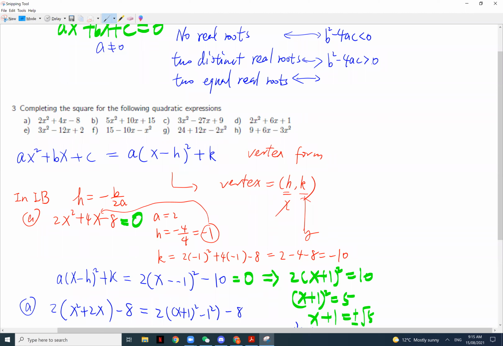Candice, how about 2 equal real roots? Yes, equal to 0. Aubrey, what's the name for b squared minus 4ac? Discriminant. Yes, it's called delta, the discriminant. This knowledge we did a long time ago.